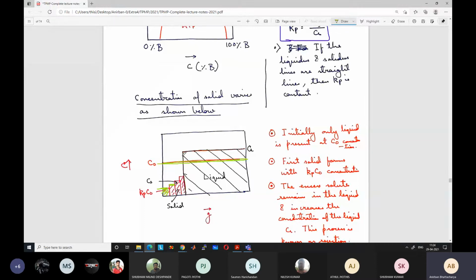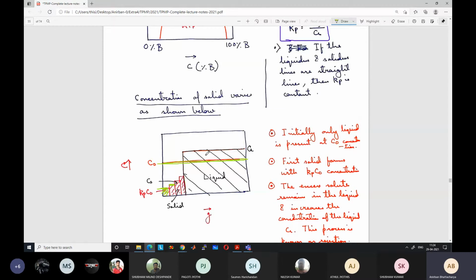Because the liquid concentration has increased, Kp into the liquid concentration has also increased, which means the solid concentration has increased. Still, the concentration in the solid is much less than the initial concentration, so a lot of solute like copper gets removed to the liquid.